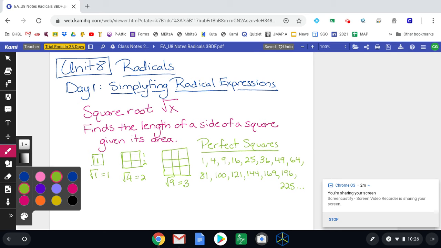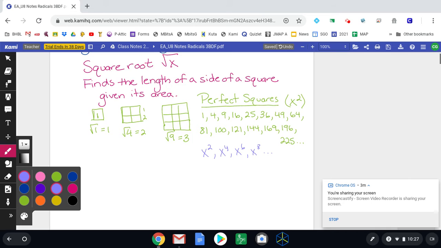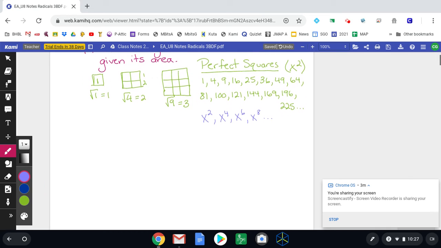These are all numbers that are squared, right? So things like x to the second, x to the fourth, x to the sixth, x to the eighth, and so on forever, right? So anything that has an even exponent is going to be considered a perfect square.